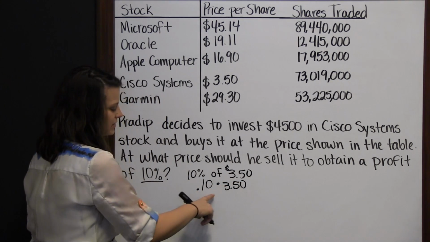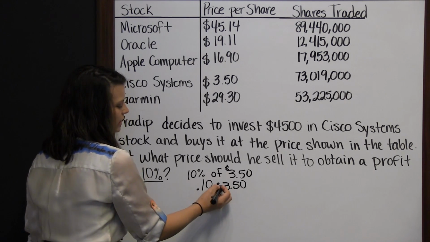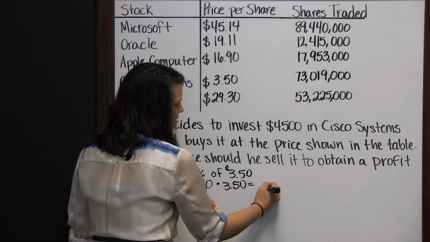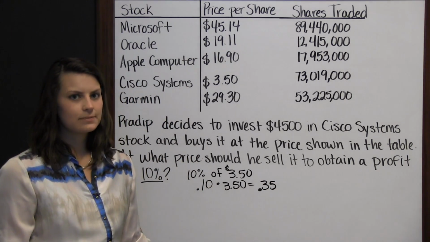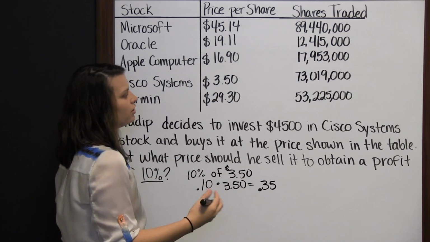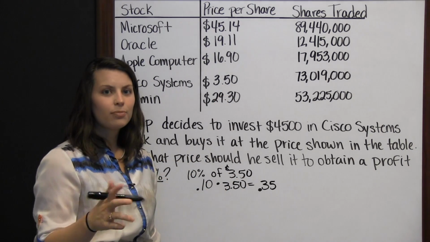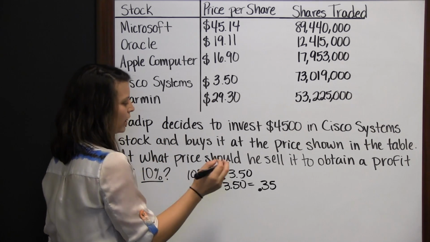And multiplying times 10/100ths means just moving that decimal one place to the left. So that is 35/100ths or 35 cents. So that means that his stock needs to be 35 cents higher. The price per share needs to be 35 cents greater.